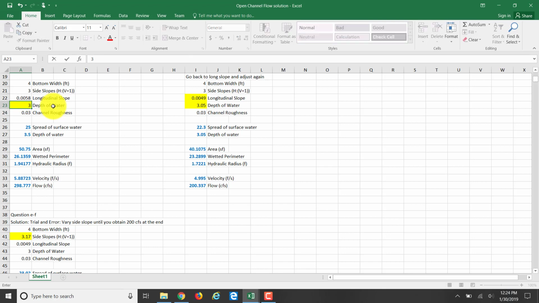So now I take another guess. Let's drop it down to 3. And now I'm at 209.9, so I'm getting closer. I come in at 2.96. I can put that in, and I'm getting even closer. So let me try 2.91.